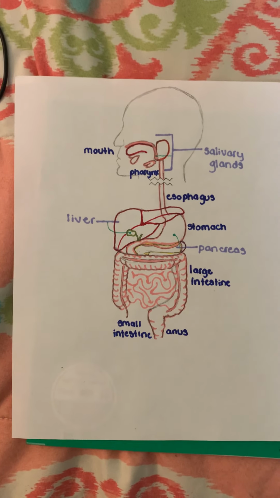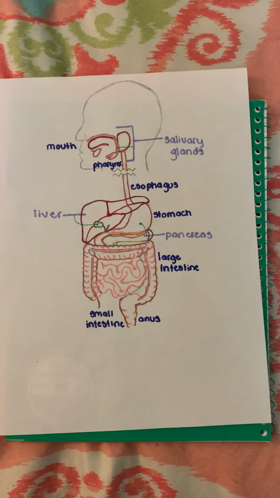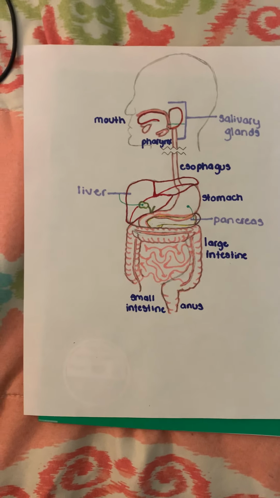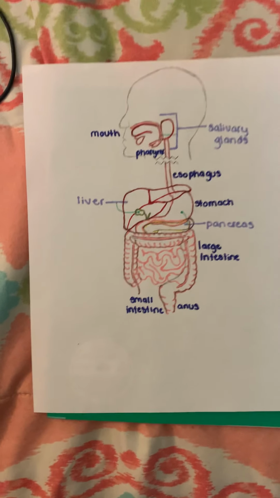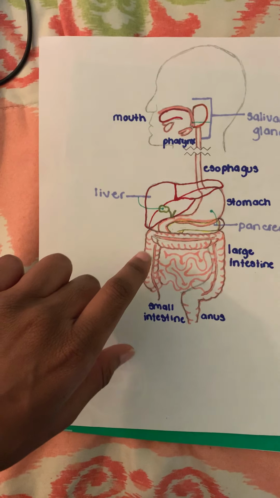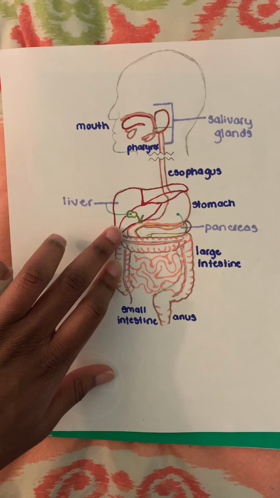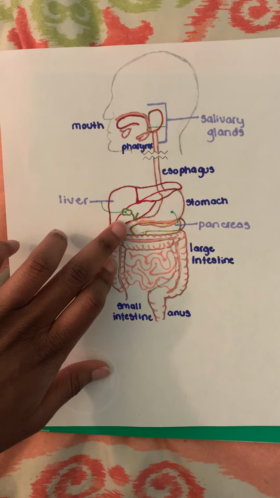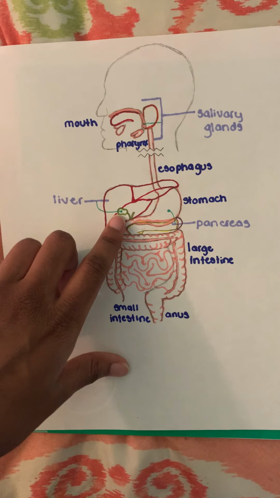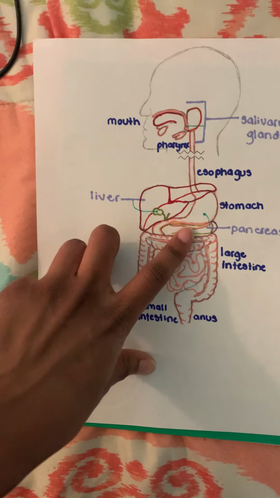The next would be the liver. The liver has a bunch of functions, but as far as digestion is related, its only function is to produce bile, which is then exported to, well, eventually it ends up there, but I guess I should say it's stored here, and then it ends up in the stomach as well.